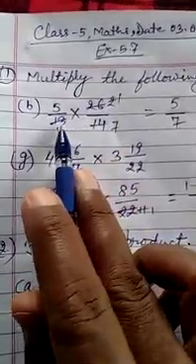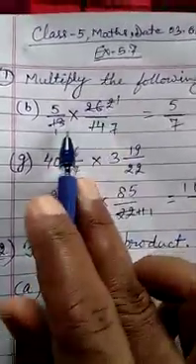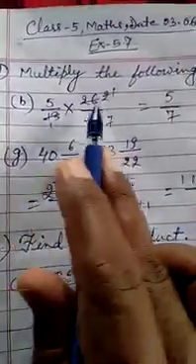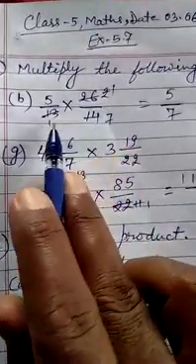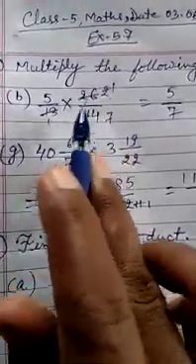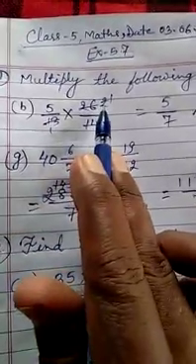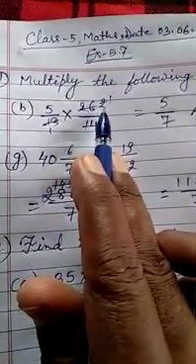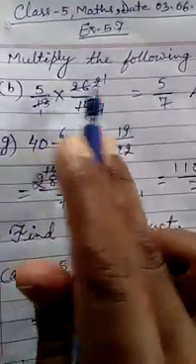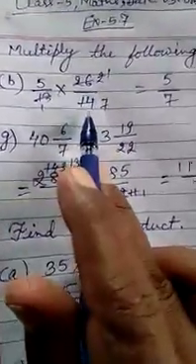You know 13 and 26 have a common factor, so you can divide 13 and 26. The HCF of 13 and 26 is 13, so 13 divided by 13 is 1 and 26 divided by 13 is 2. Now you see 5 into 2 by 1 into 14.